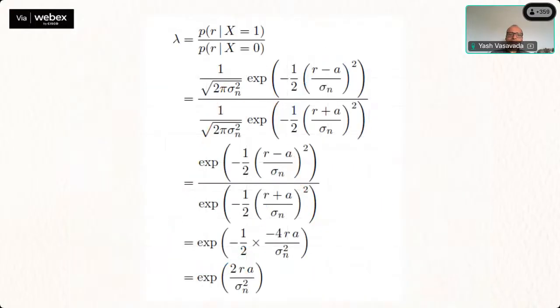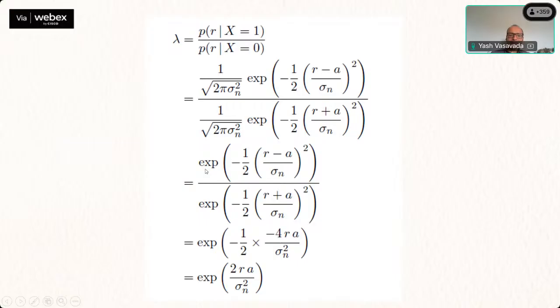Now I have formalized it using some standard mathematics here. I took that likelihood ratio, which is given like this. In the third line, I removed the common terms. So I get the ratio of exponents.